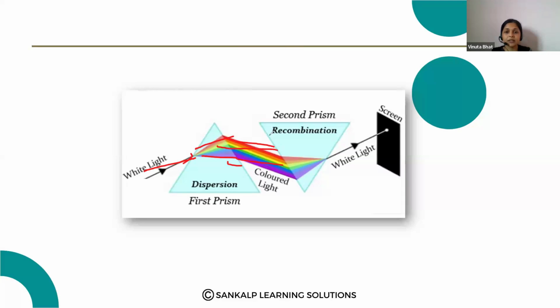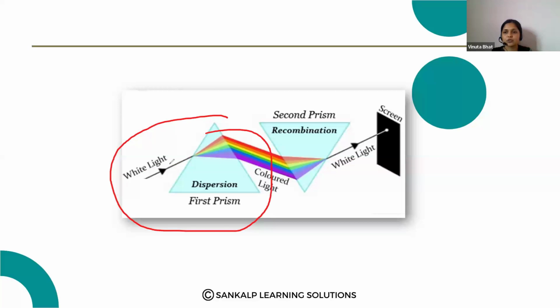When an inverted prism is used, the scattered light passes through the prism and converts into white light. This is a very important diagram and you have to practice this type of question also.